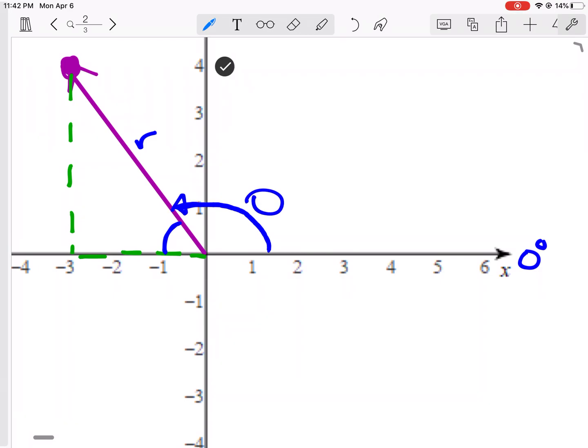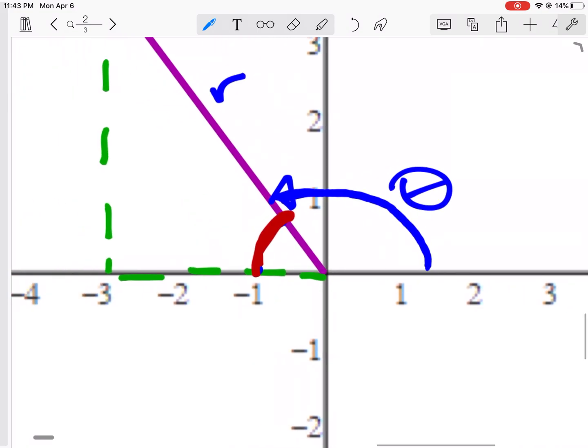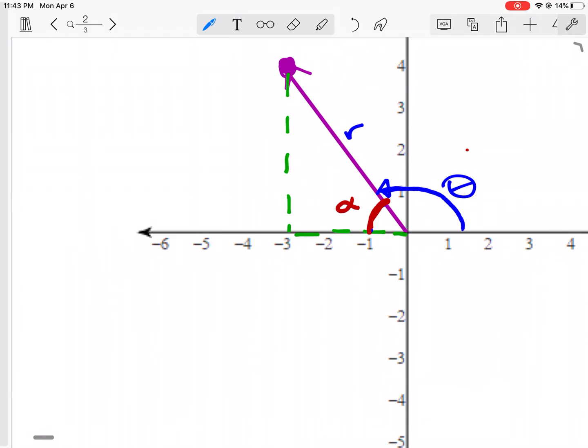So this is theta. That means, what the heck is this guy right here? Well, we don't know. It's something else. We'll just call it another variable. I'm going to use another Greek letter, alpha. So that's another unknown right now. We don't know what that angle is, but maybe we can find it.